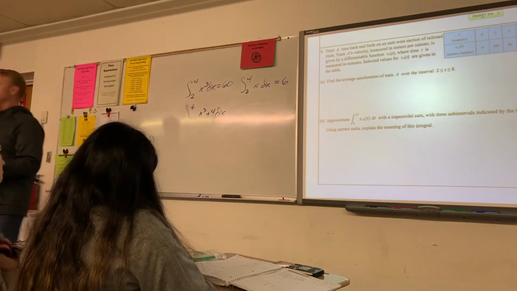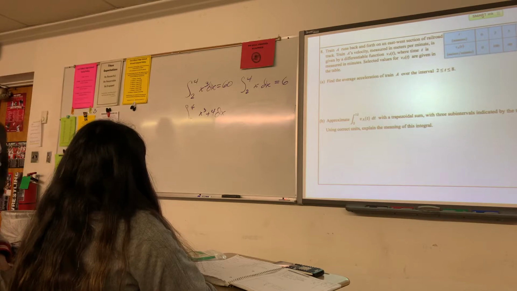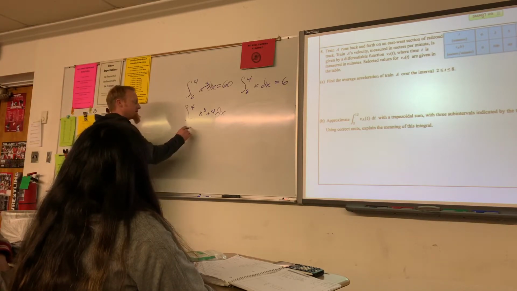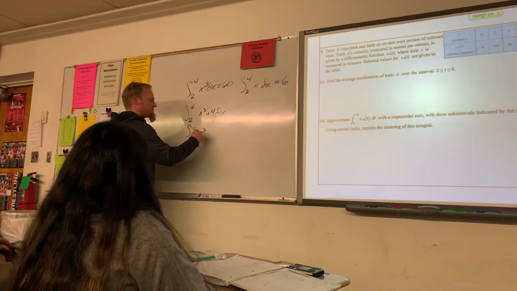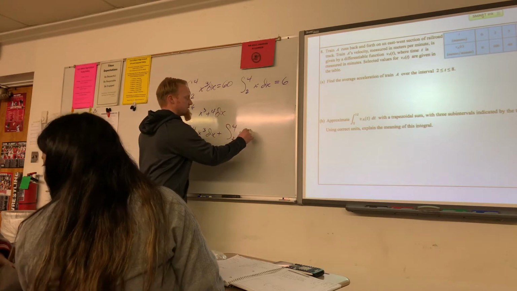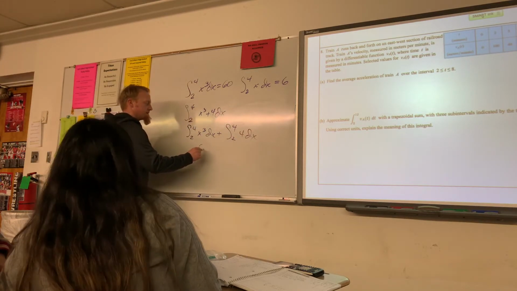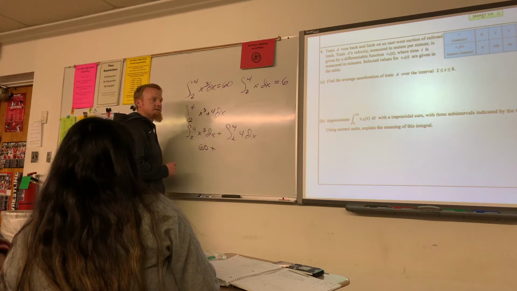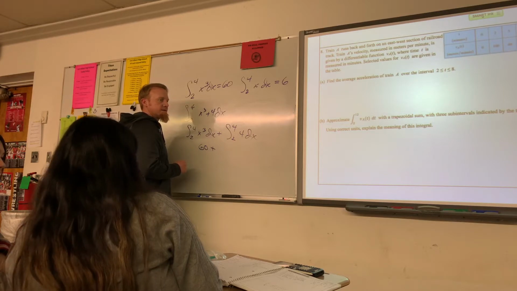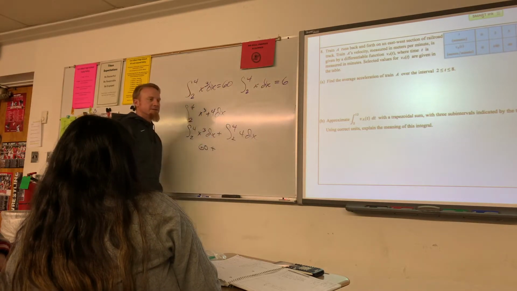Alright, 42. Anybody want to talk to us about how to do 42? Brady? You separate it. Separate it, very good. So the integral from 2 to 4 of x cubed dx plus the integral from 2 to 4 of 4 dx. Very good. And then the first one is 60. And then the next one you should be able to look at and tell me what it is.